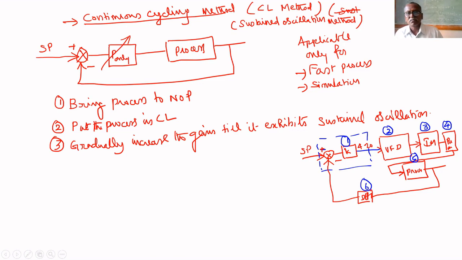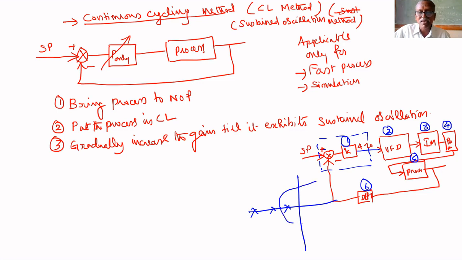Even then the process is very fast. That's why we can go for the continuous cycling method, because it is not first order. From third order onwards, let us assume all the poles are on the negative real axis. As we have seen in root locus, if you increase the gain, the poles will move towards the j omega axis.